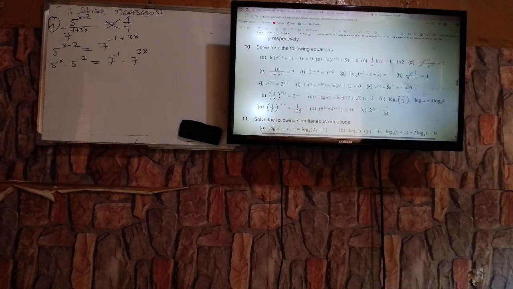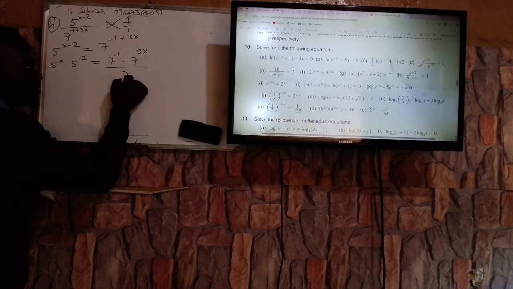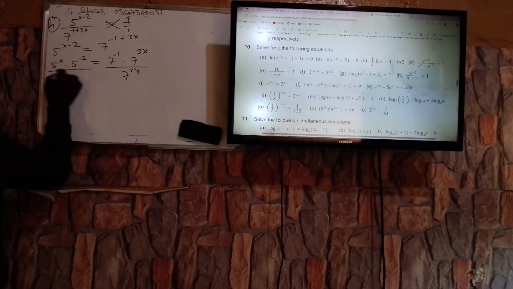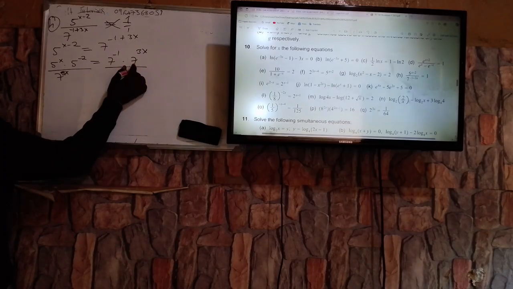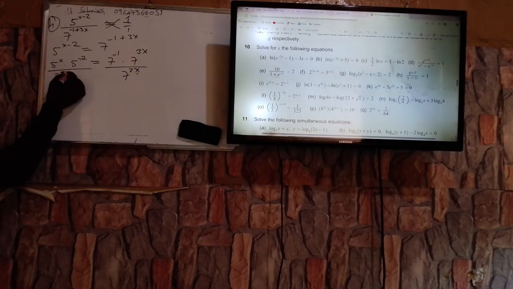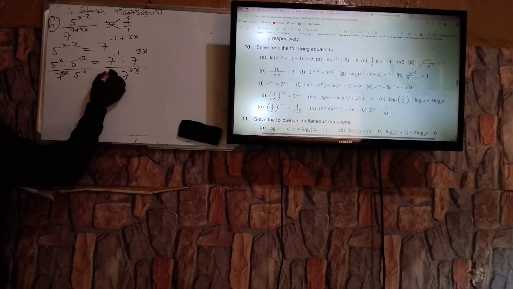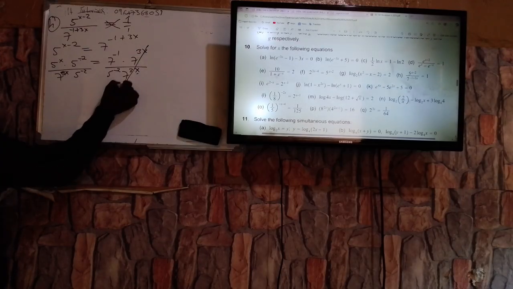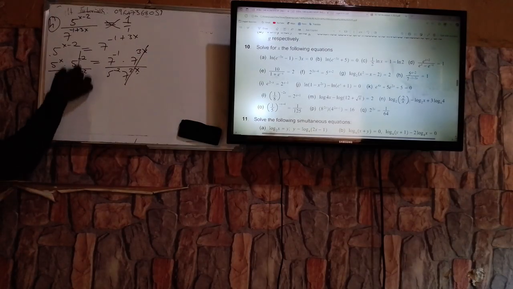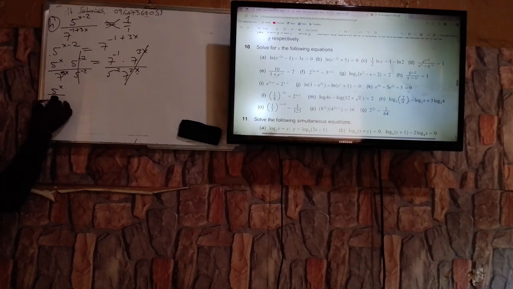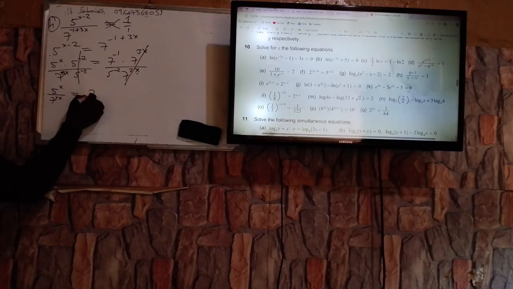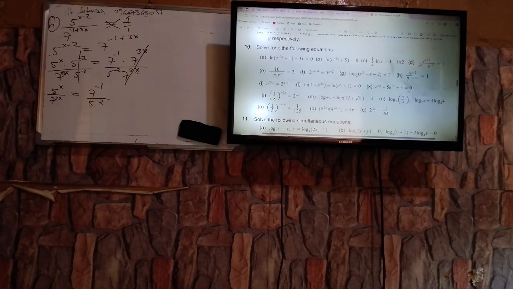Everything which has an x to come on one side, so it means we'll divide by 7 power 3x here and 7 power 3x there. We don't want this guy, we divide by 5 power negative 2 and 5 power negative 2 there. This goes and this goes. So I'm going to have 5 power x over 7 power 3x is equal to 7 power negative 1 over 5 power negative 2.